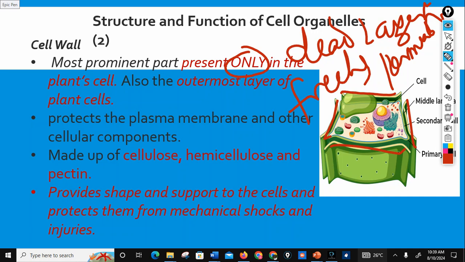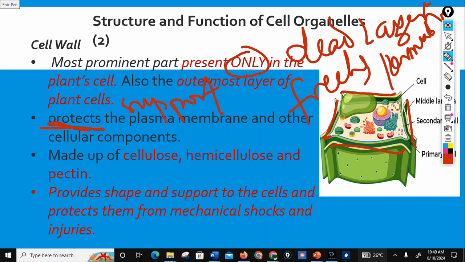Number one, the function: it protects. Its major function is protection and support. It stands as a rigid structure for mechanical support of the plant cell. That's why you naturally see that plants are usually rigid throughout.